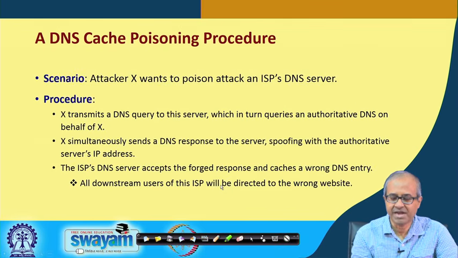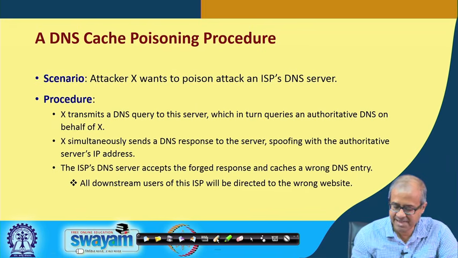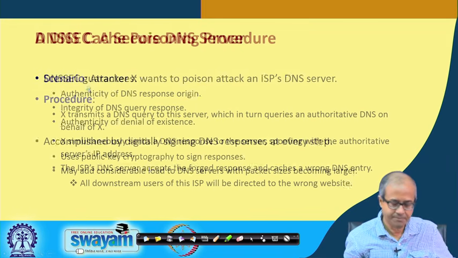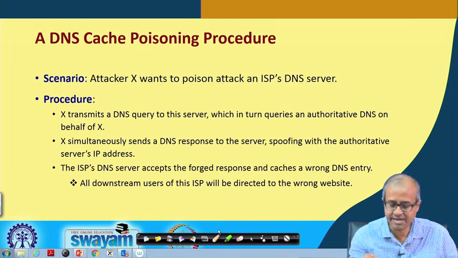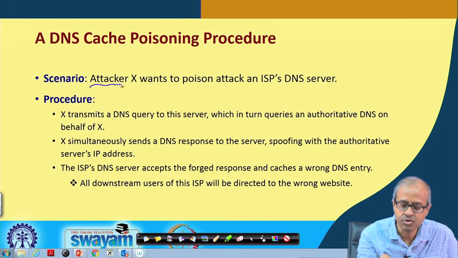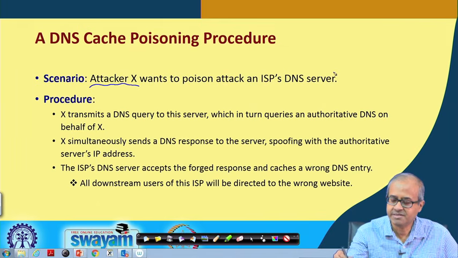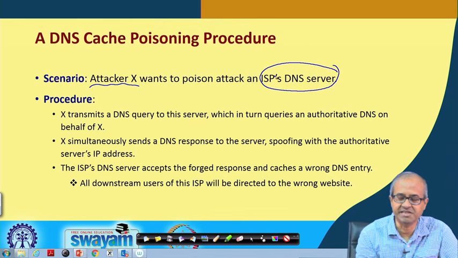Now, one mechanism for DNS cache poisoning I am just stating here. Let us say the scenario is there is an attacker X who wants to poison some DNS server, let us say my nearest ISP's DNS server.